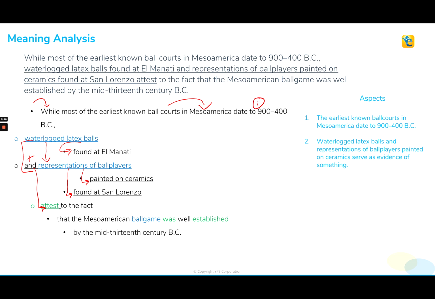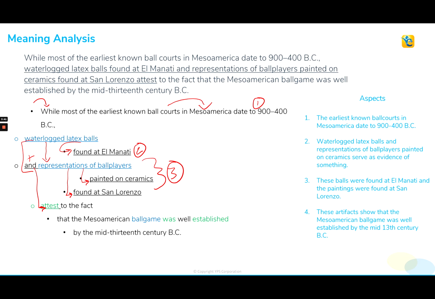That second piece of information we pulled out were these waterlogged latex balls and the representations of ball players serve as evidence of something. So that was the second piece that we pulled from the middle of our sentence right here. That third piece is that these balls were found at El Manati and the paintings were found at San Lorenzo. So that's all this information that we get here, that descriptive information. So that's that third piece.